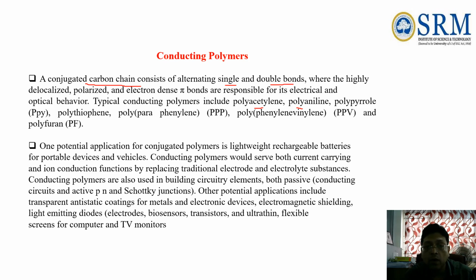Conducting polymers are also used in building circuitry elements, both passive conducting circuits and active PN and Schottky junctions. Other potential applications include transparent anti-static coatings for metals and electronic devices, light emitting diodes, electrodes, biosensors, transistors, etc.